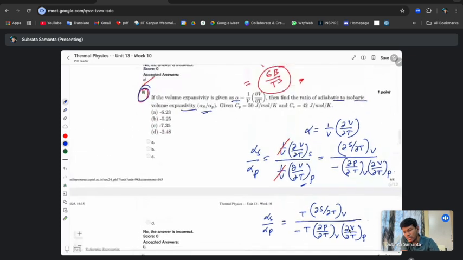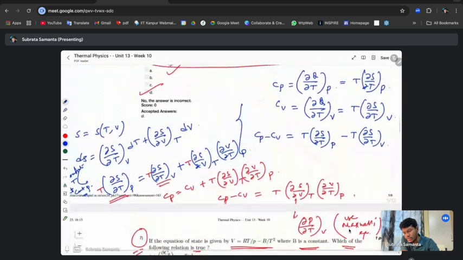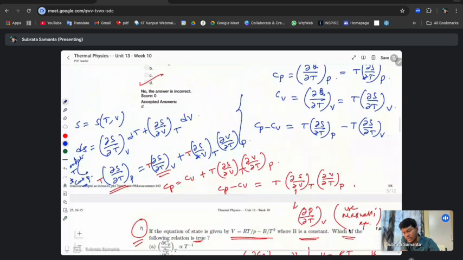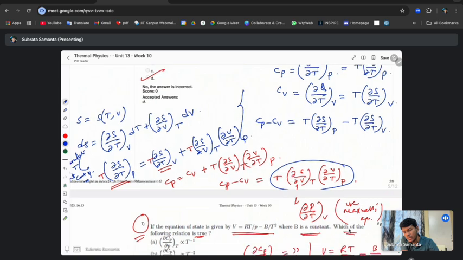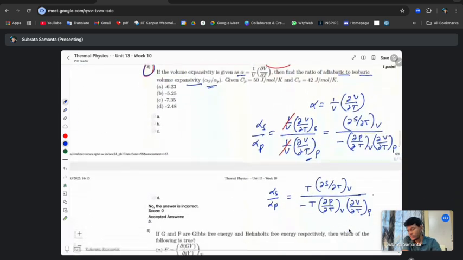So now we just derived in the previous step that Cp minus Cv is basically T del S del V at constant T and del V del T at constant P, right.